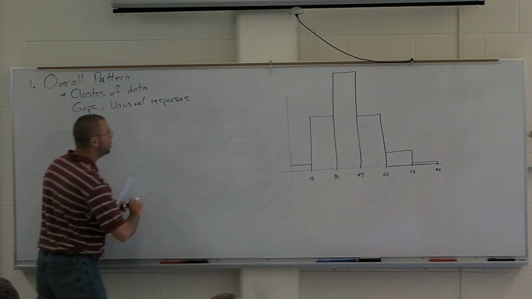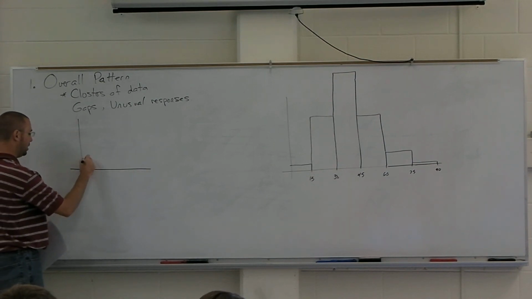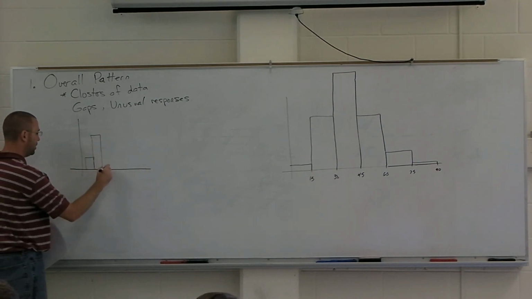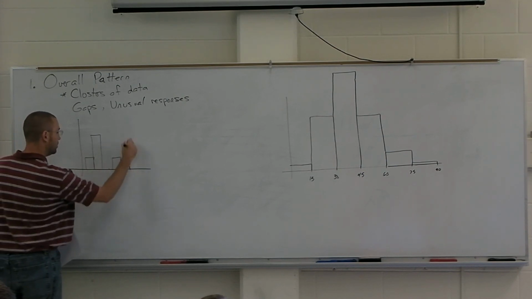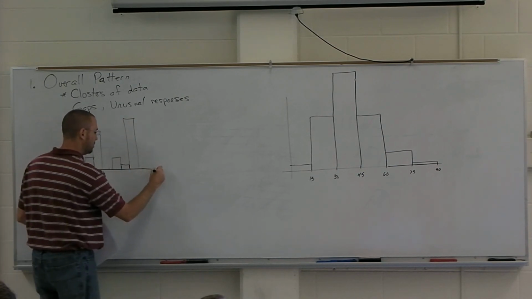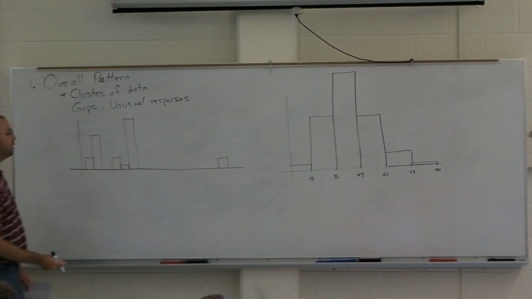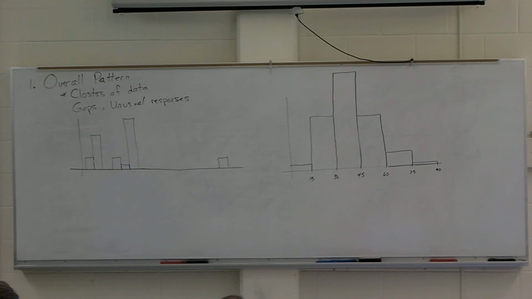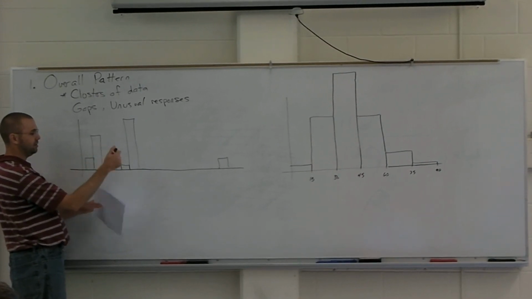When I'm talking about unusual responses, suppose that I give you a histogram that looks something like this. Okay. Is there anything unusual about that collection of data? You have all this data over here, and again, I don't have any numbers on this.